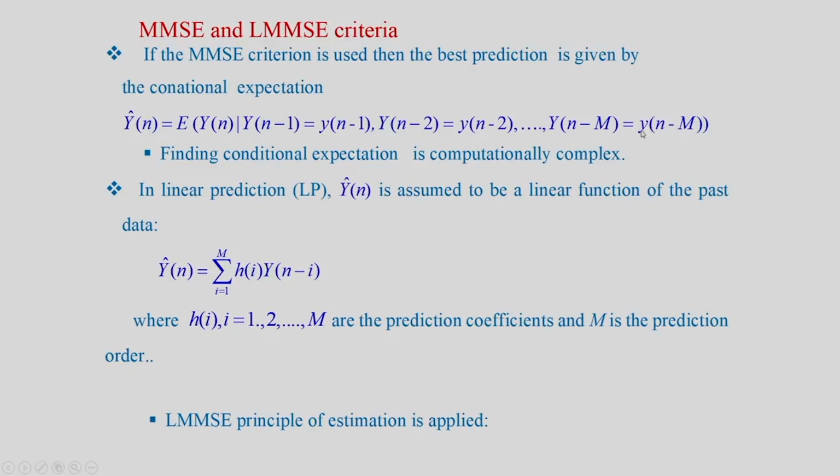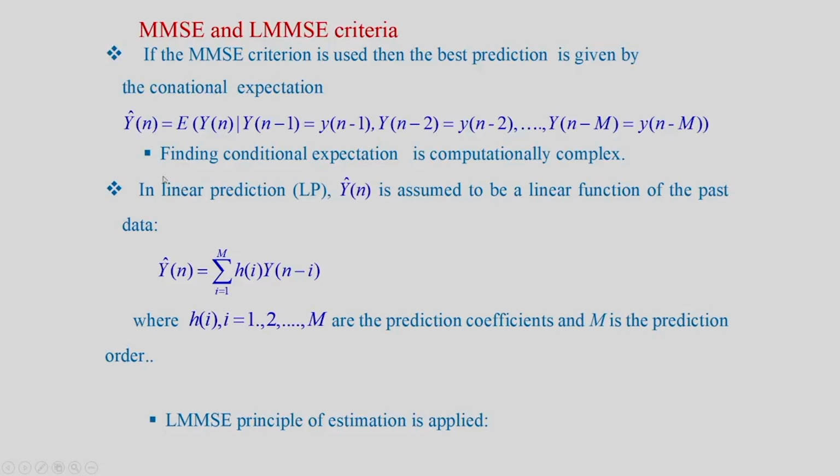These are the values of the corresponding random variables. This conditional expectation is a computationally complex operation, because we have to find the conditional PDF or conditional PMF, and after that only we can find the conditional expectation. So, we need a simpler solution.